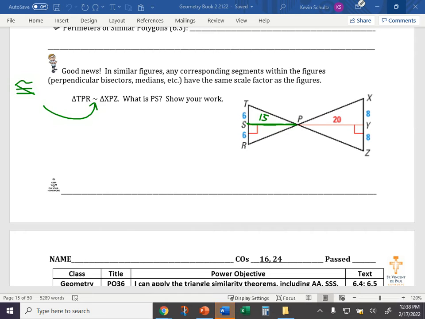We can use what we're given outright. We know that those are corresponding sides, corresponding parts. The scale factor here is 6 to 8. So PS, what we're trying to find, we can compare that with 20, or we want to solve it, cross product, simplify, scale factor, or whatever. We end up with 15 as a value for PS. Okay? Anything else?